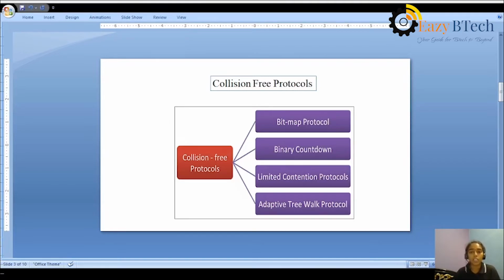Let us see each protocol: how it can eliminate the collision while transmitting data from source to destination in a shared channel.